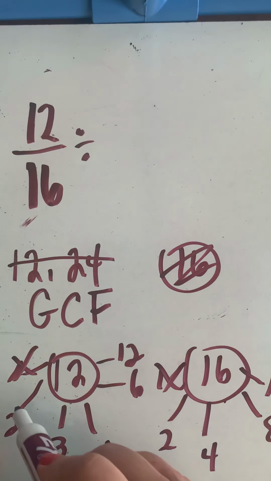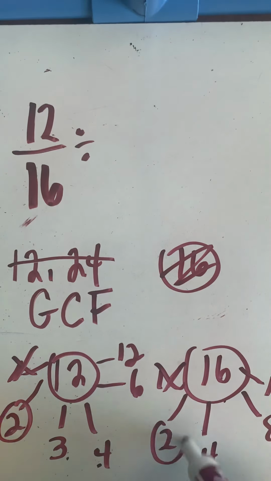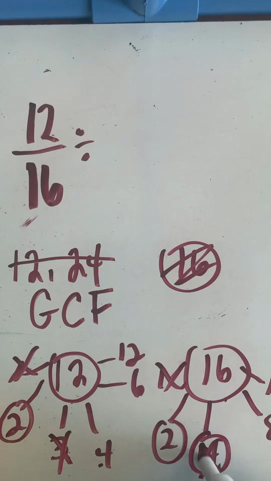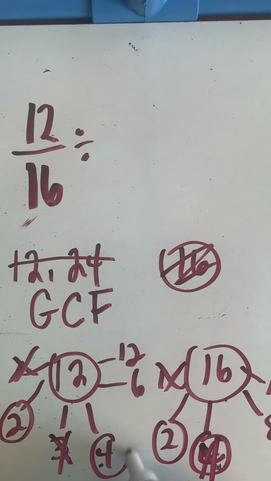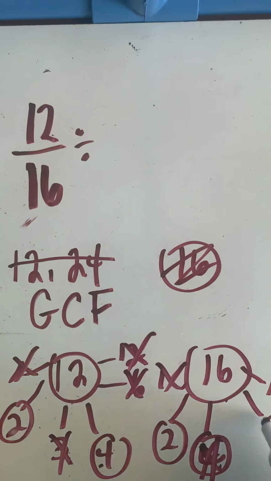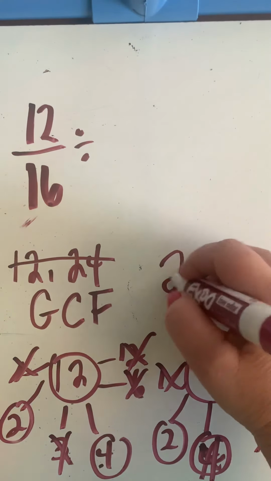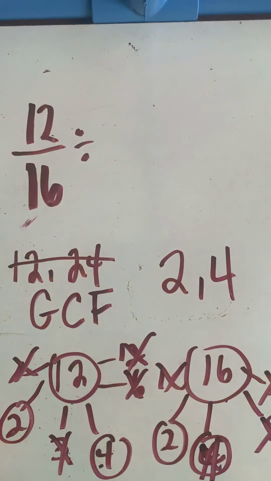And we have 2 that's common, and 4 that's common, not 3, not 6, not 12, not 8, not 16. So our common factors are 2 and 4, but we want the greatest.